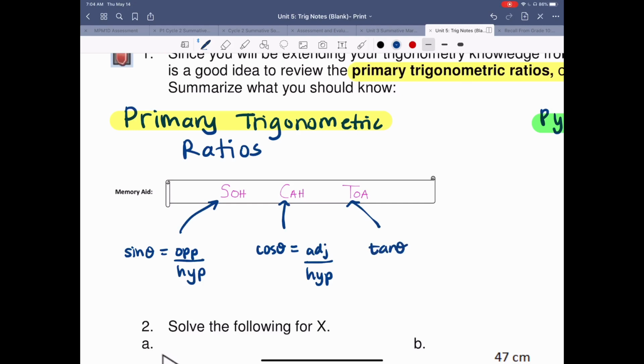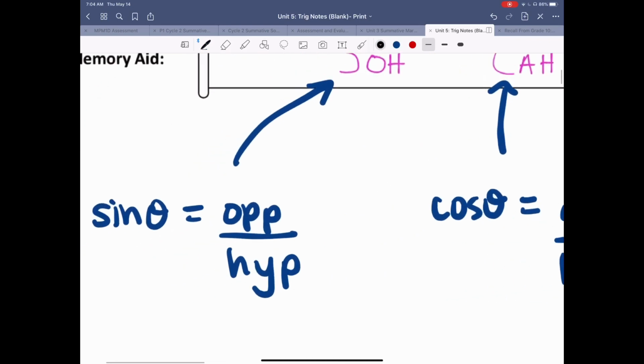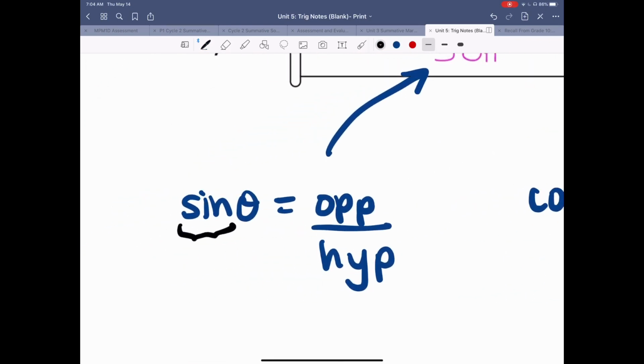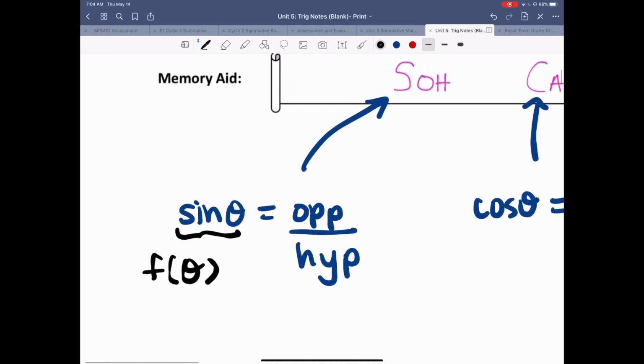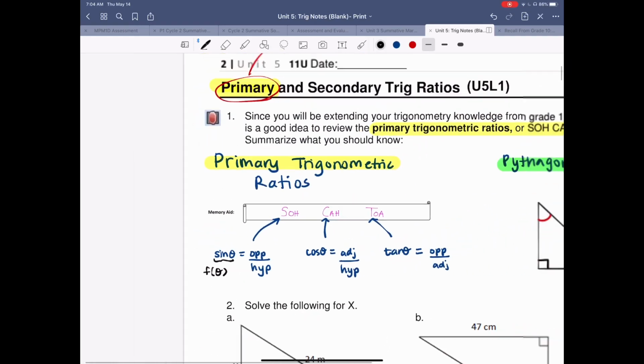Tan theta is equal to opposite over adjacent, where we said from Unit 1 that this sine portion is the function and the input is the theta. So f at theta, where the function is sine and the input is theta.